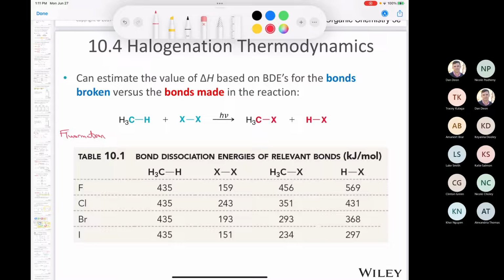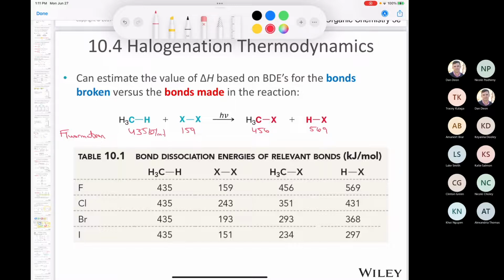So the bond dissociation energy of the carbon-hydrogen bond is 435 kilojoules per mole. For the fluorine-fluorine bond, it's 159. I'm going to leave the units out just so I don't run out of space here. For the carbon-fluorine bond, it's 456 kilojoules per mole. And for the HF bond, it's 569 kilojoules per mole.